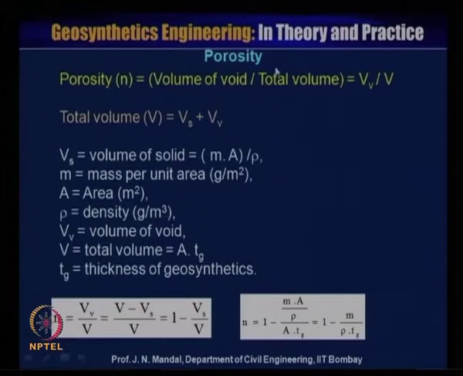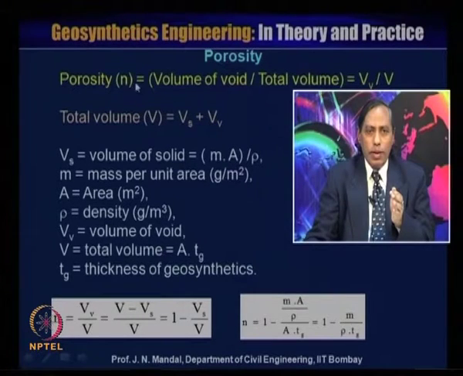So, how can you calculate the porosity? Porosity can be defined as the volume of void divided by total volume. So, porosity n is equal to Vv divided by V, where total volume V is equal to Vs plus Vv.